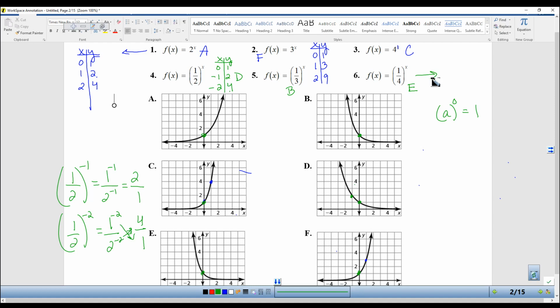But all of the fractional ones will be going down, where all of the whole numbers greater than 1 will be going up. And that's the general formula. That's going to be the standard for what we're going to be looking at today. The bigger this number, as it got bigger, the steeper, look how much steeper this got. But then conversely, the smaller this number, then the steeper it was in the other direction.